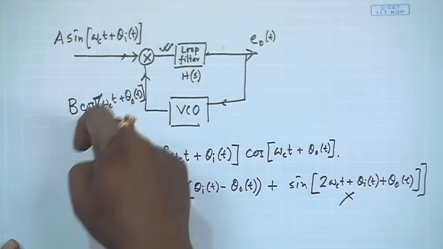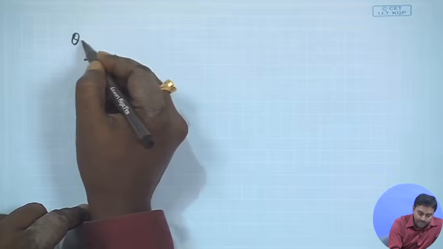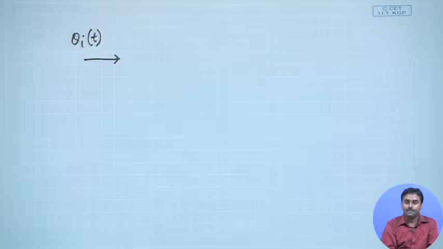So what I do, instead of taking this sinusoidal and cosinusoidal, I take it from the phase perspective, as if my input is phase and output is phase only. I transform this circuit as if I am giving an input of theta I t. All other parameters are fixed; A and omega c have nothing to do with the circuitry and are not going to change.